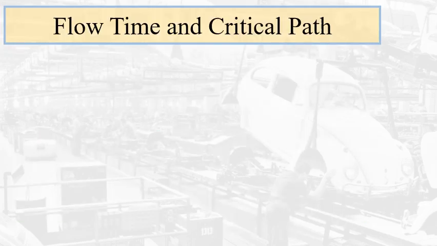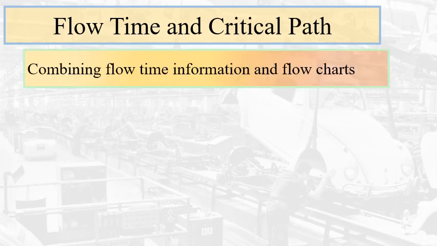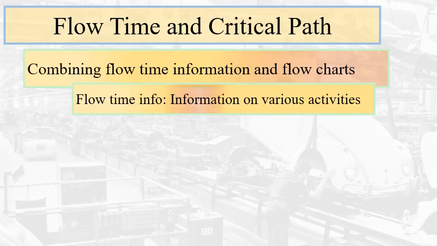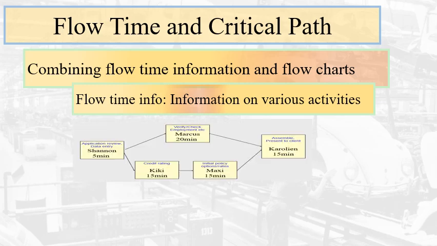You might remember the critical path from COM 225, where you had different paths and you identified the path which is the longest, which turned out to be the critical path. So here's an example of a series of activities in a process, and we have two different paths, this path right here and this path right here.